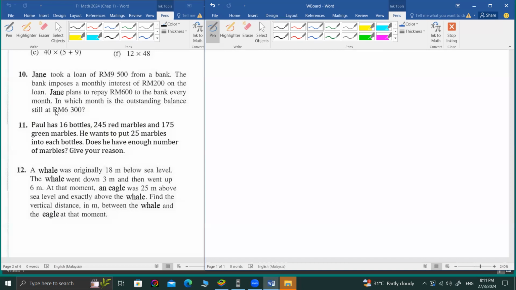So still owe 6,300. Masih hutang. Means, okay, like this, you borrow 9,500 from me, let's say. I charge you every month 200 interest, okay? Then you pay me every month 600. You pay me every month 600.